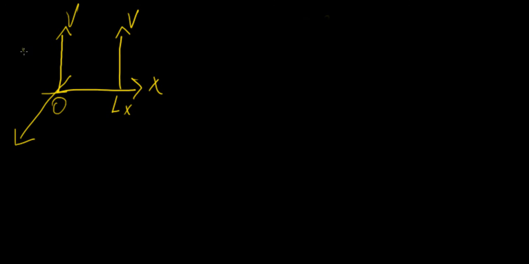We're going to have an infinite square well that is also going to go in the y direction, so we're going to have a length y, going from 0 to Ly. So we're going to construct an infinite square well that is going to look like this, and then obviously our potential is going to be a function of both x and y.